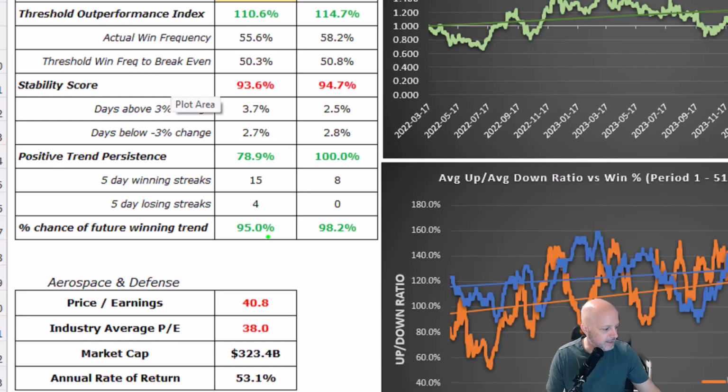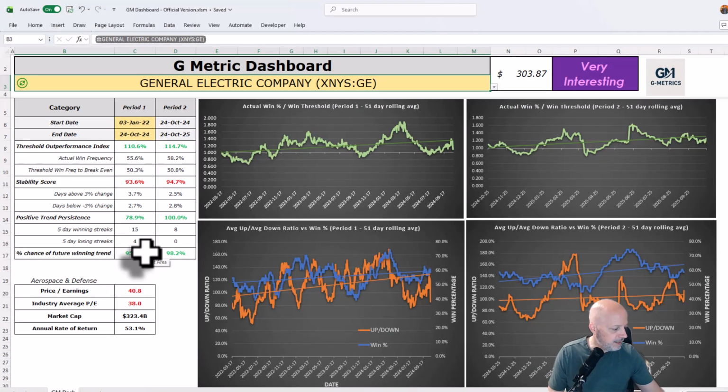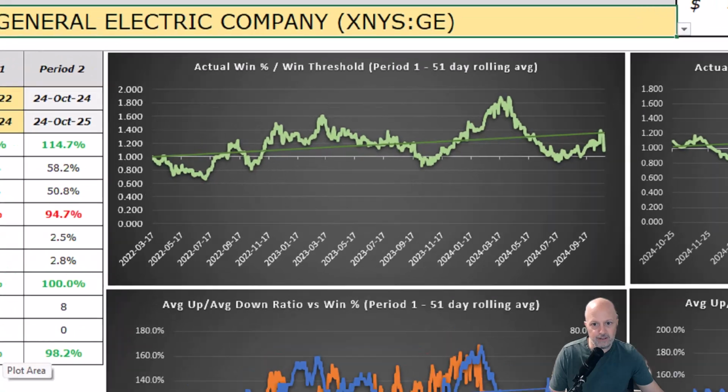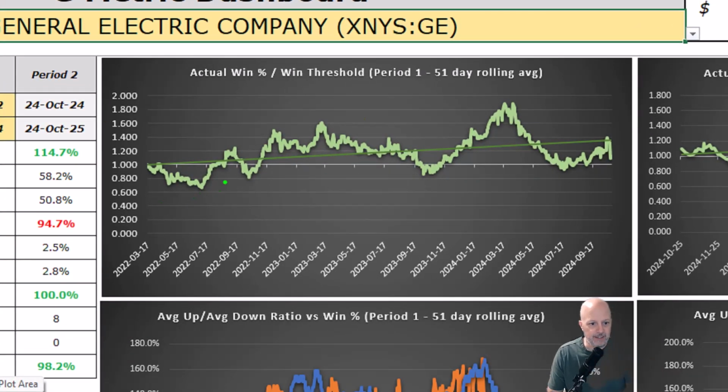All right, so let me get out of here for a second, and I'm going to zoom in on my chart right here. I had told you previously about my threshold outperformance index. Basically, that is how often a stock is winning versus how much a stock needs to win to have a positive trend.